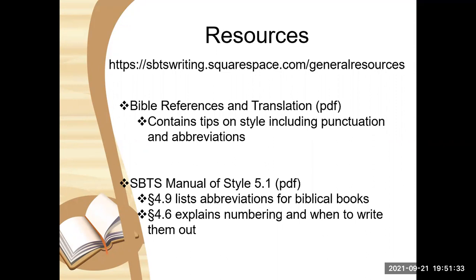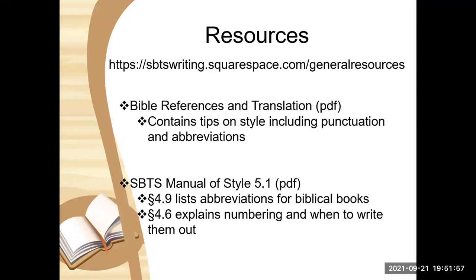One has the abbreviations for biblical books, GEN for Genesis, or John for the Book of John, things like that. It also has abbreviations for other texts, ancient texts, and some more modern ones. And then I'm also putting section 4.6 on there because that explains numbering.